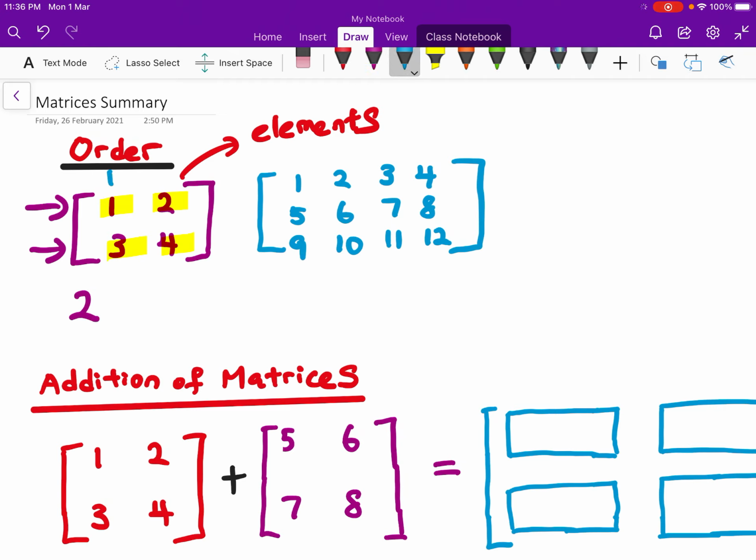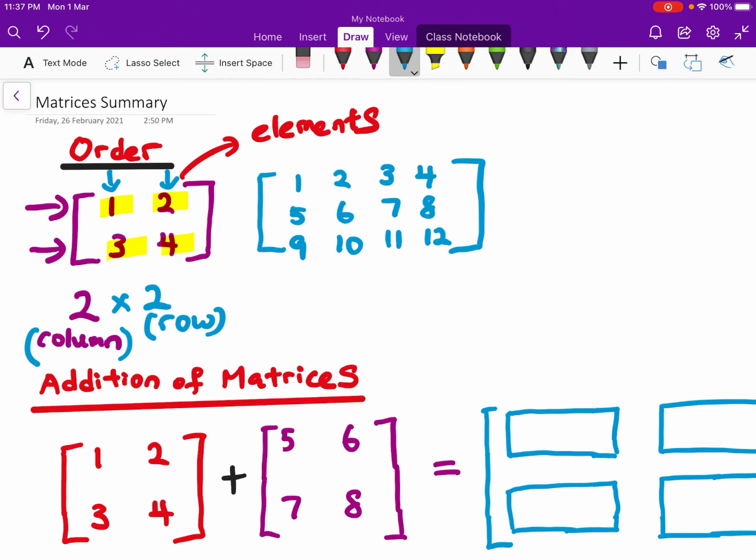It has 1 row, 2 rows. So I just write 2 by 2. The first number is my column, the second number is the row. This is how I define my order.